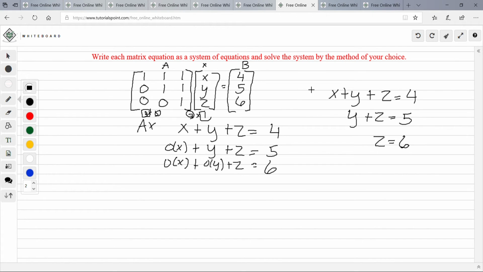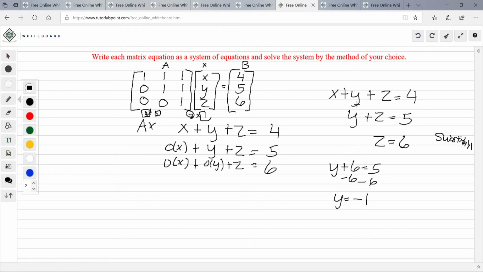So all we've got to do is use substitution, right? Because they give us an answer, z equals 6, so let's figure out what y is. So y plus z, which is 6, equals 5. Subtract 6, so y equals -1.